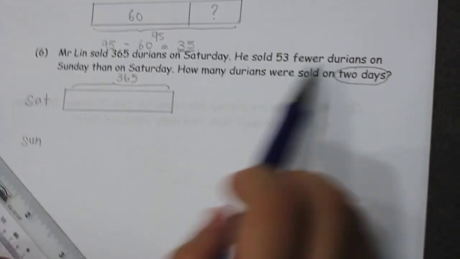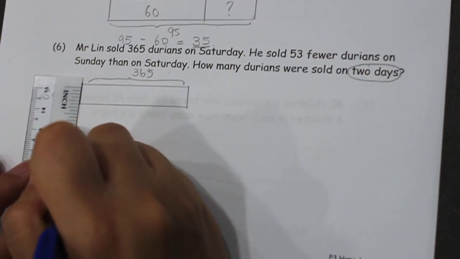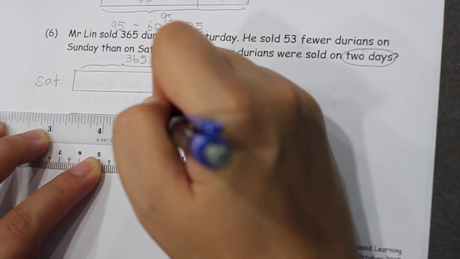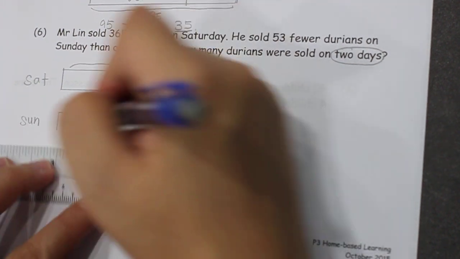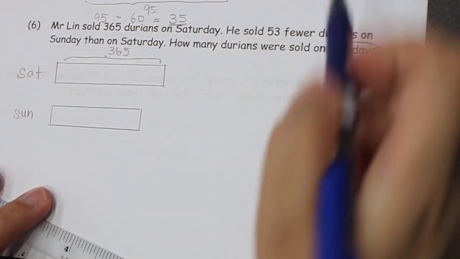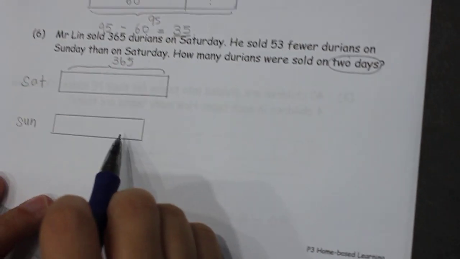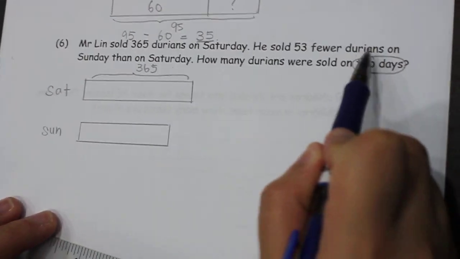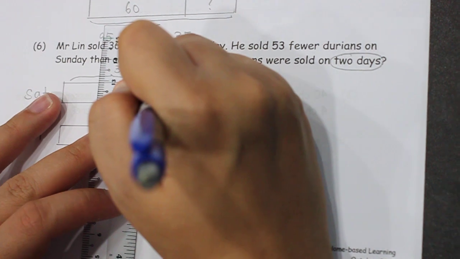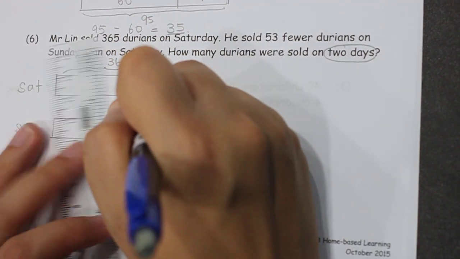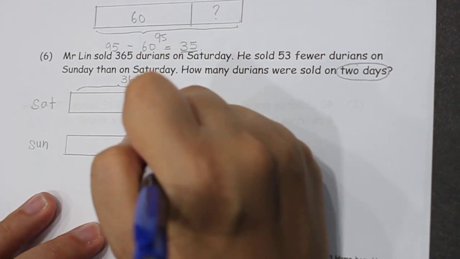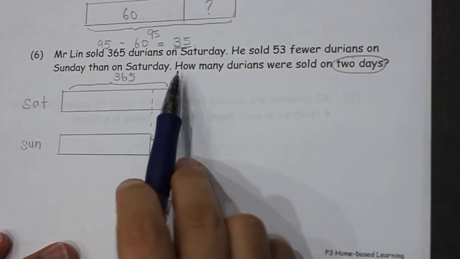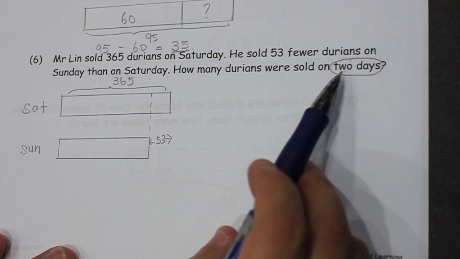So we know that our model will be shorter. How much shorter is our model? 53, because he sold 53 fewer durians on Sunday. So we will know that this part over here will be 53.